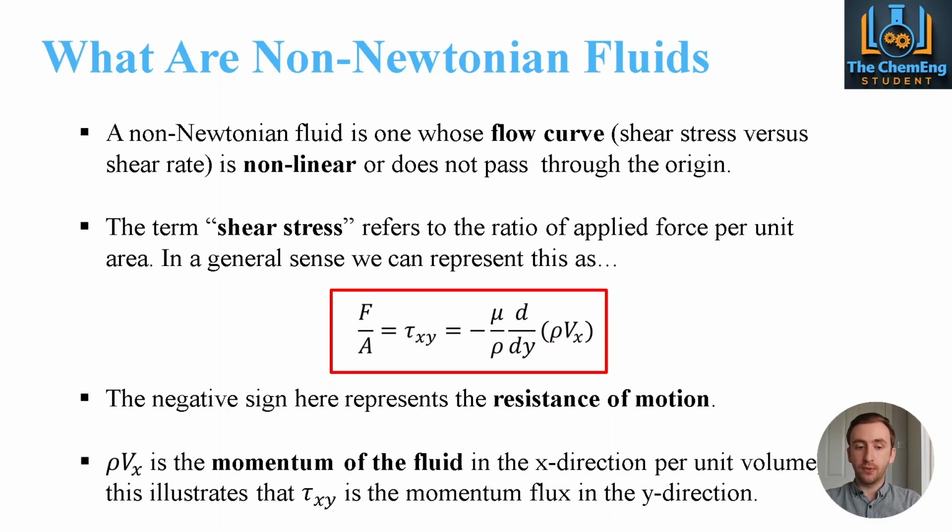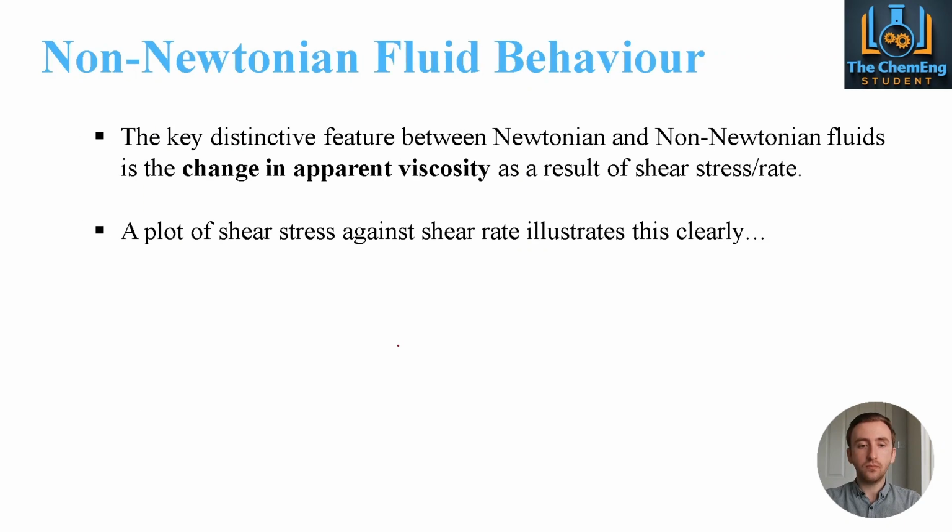So we can group this as what's called momentum of the fluid, and that's the momentum of the fluid in the x direction per unit volume. And this can illustrate tau, because tau is the momentum flux in the y direction. So you can see the interchangeable relationship between the force over area to the shear stress.